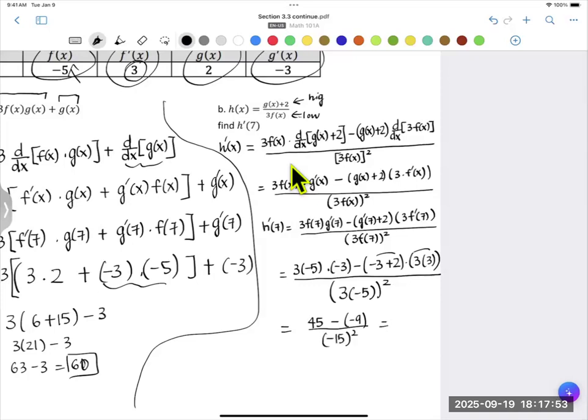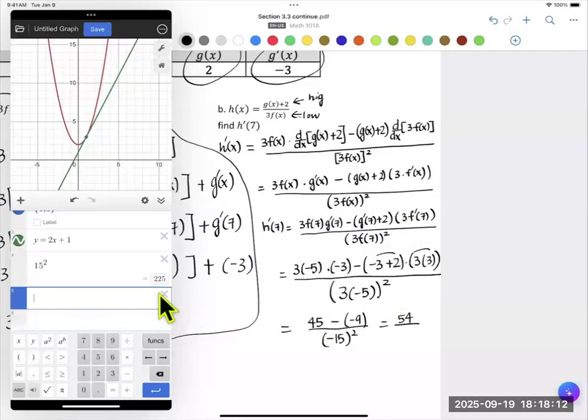And 45 plus 9 will be 54. 15 squared will be 225. The negative squared becomes positive, so 225. So 54 over 225, which is 0.24. Okay, or you can leave the answer like that.